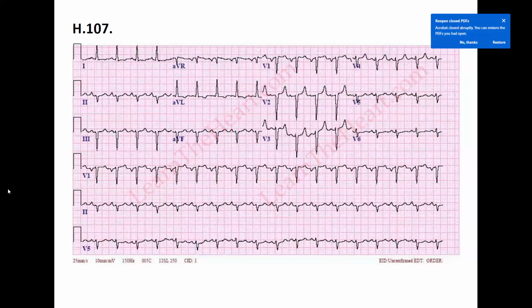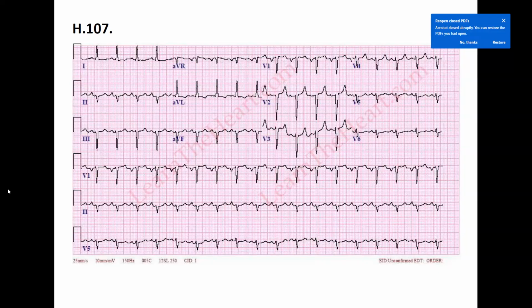Okay, it looks rhythmic to me, and there's a bit less than three boxes between the beats. So it's rhythmic, and the heart rate, sorry, it's three boxes, so around 100 beats per minute. Okay, good.